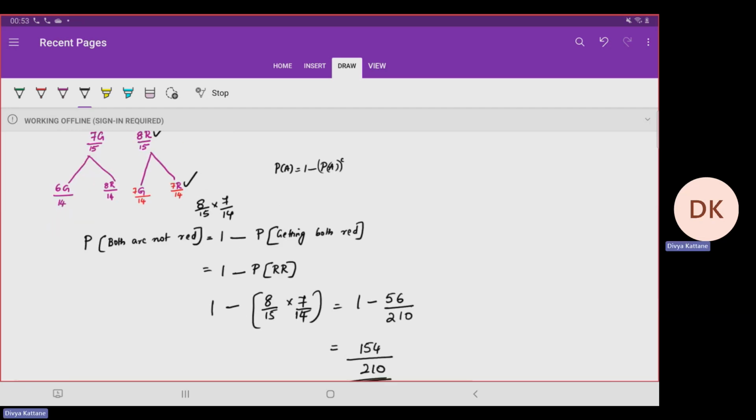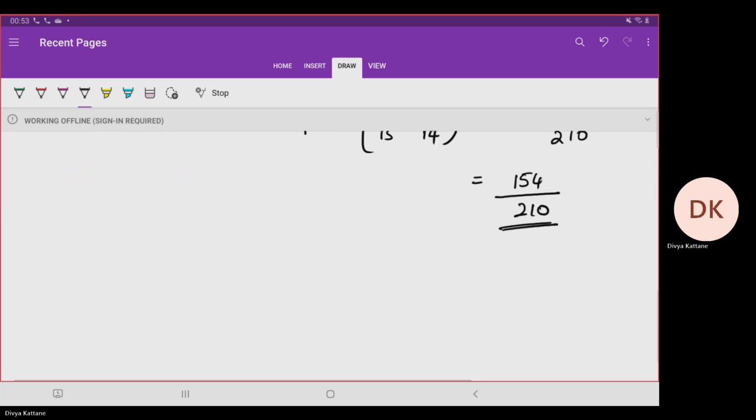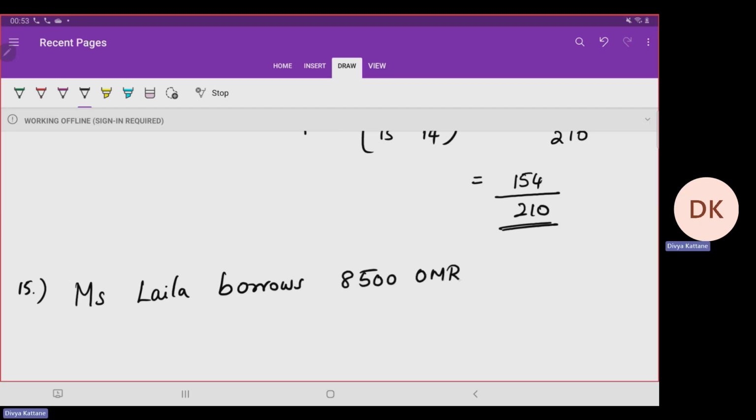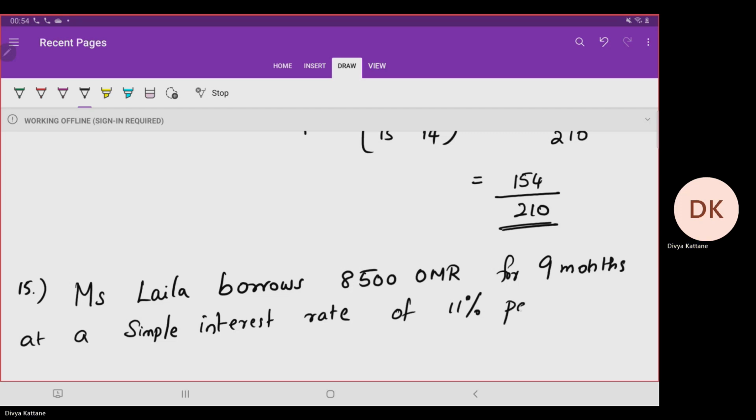Now, the next problem is: Miss Laila borrows 8,500 OMR for 9 months at a simple interest rate of 11% per year.